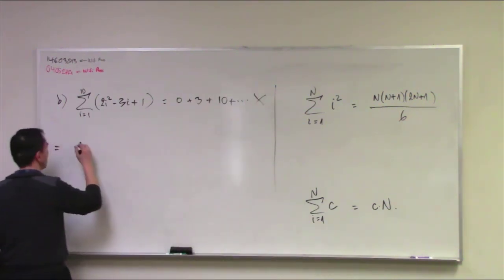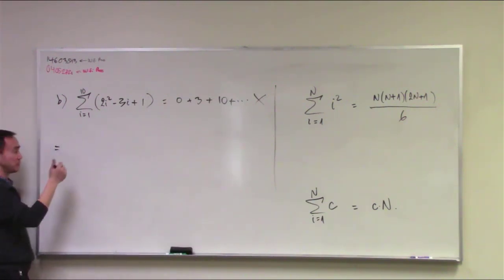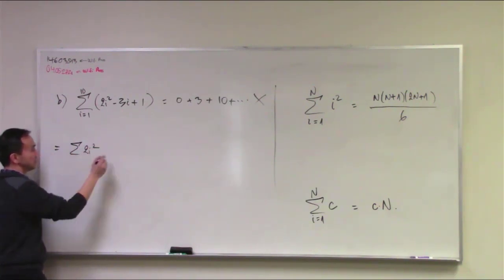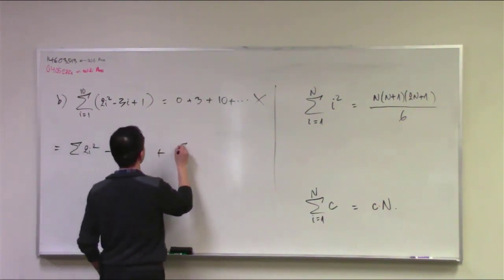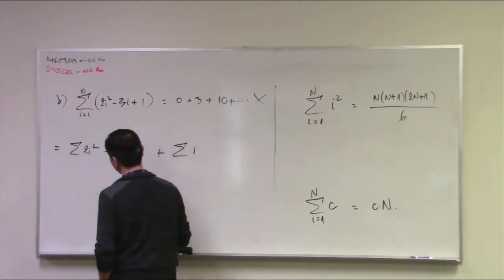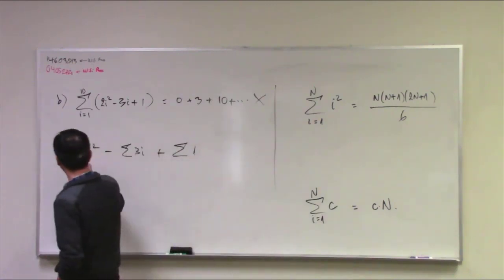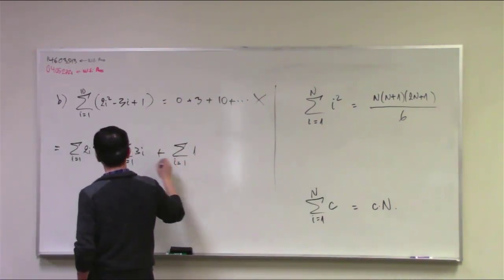So here we're going to go, see, 3 terms, right? There's subtractions, there's addition right there. So I'm going to break it down to one summation on the 2i squared, minus the summation on the 3i, plus the summation on the constant 1. See how it works with that? And of course i goes from 1 to 10.